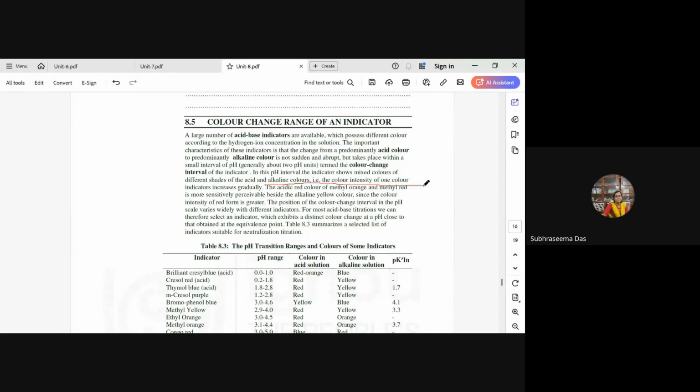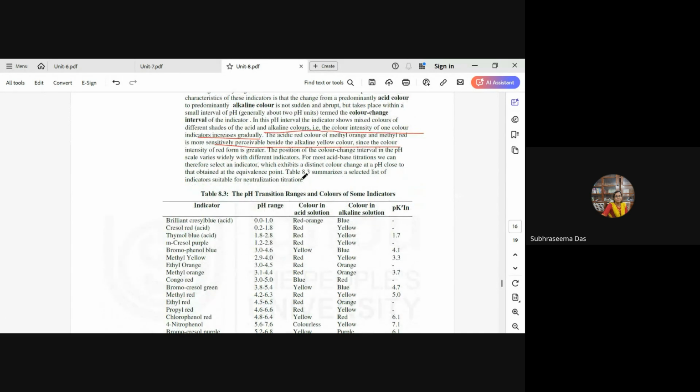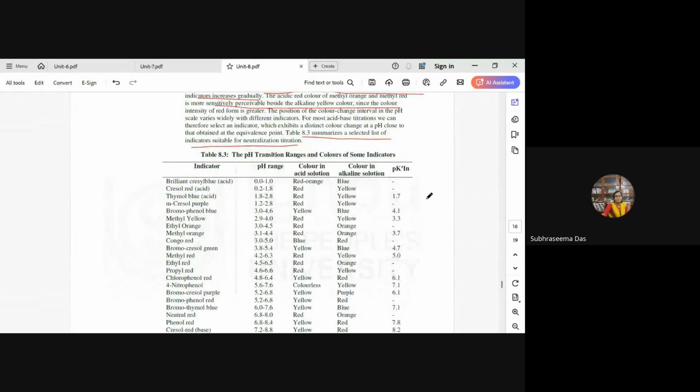The color intensity of one-color indicators increases gradually. The acidic red color of methyl orange and methyl red is more sensitively perceivable besides the alkaline yellow color, since the color intensity of red is greater. Table 8.3 summarizes a selected list of indicators that are suitable for neutralization reactions.